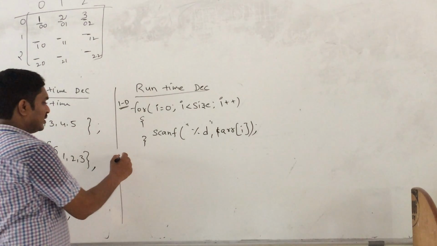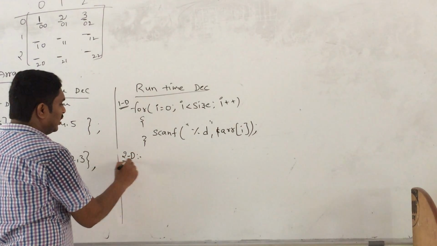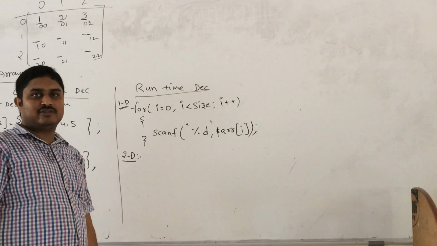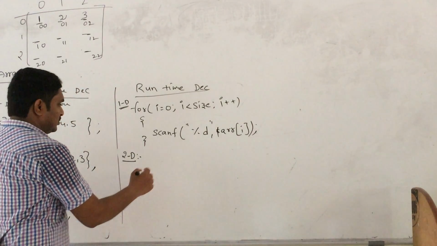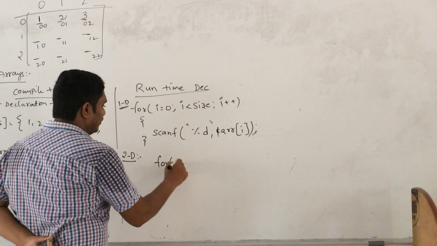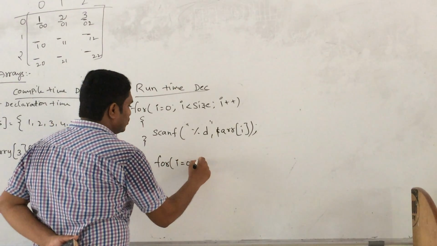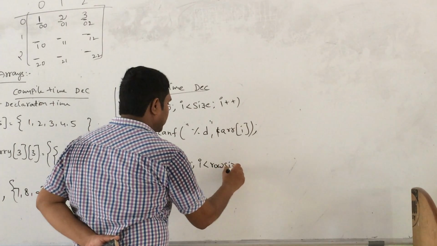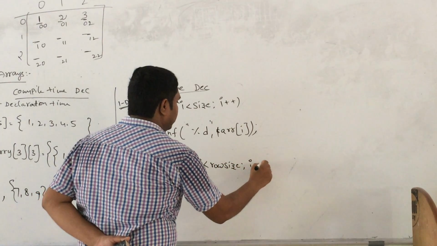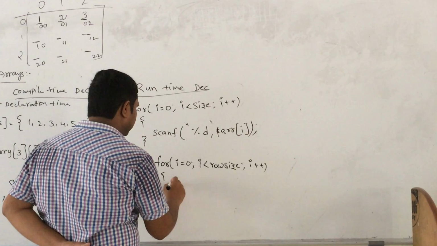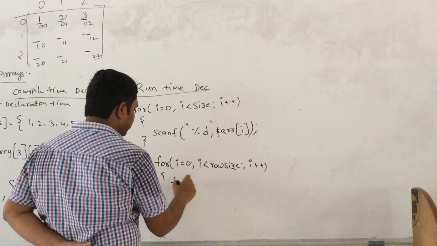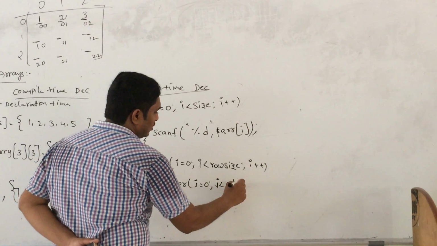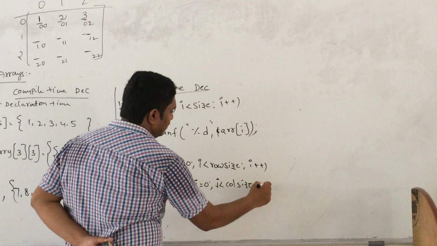Coming to the two dimensional array, here we use two for loops, one for the rows and the second one for the columns. So this is like for i equals 0, i less than row size, i plus plus. Again, another for loop, the inner for loop: j equals 0, j less than column size, j plus plus.